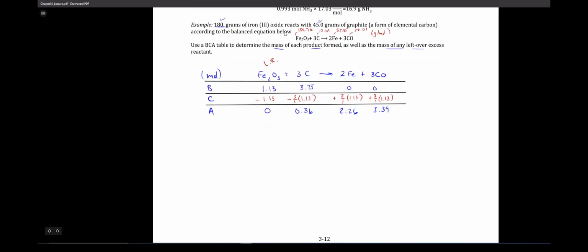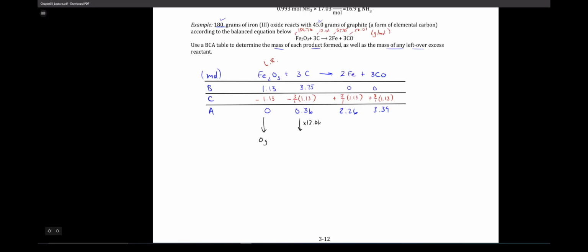Good. And the final question was, what was the mass of each of these? So how much is left over of everything at the end? This one's easy. 0. Good. This one would be that times 12.01, right?